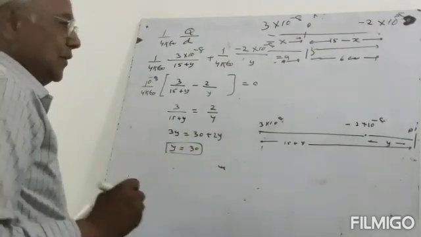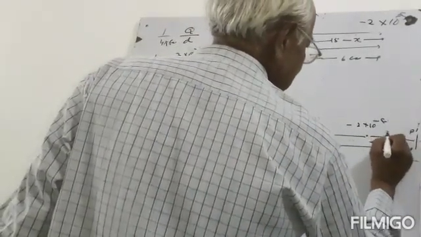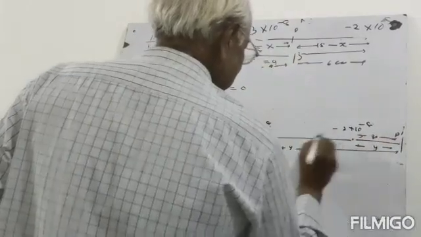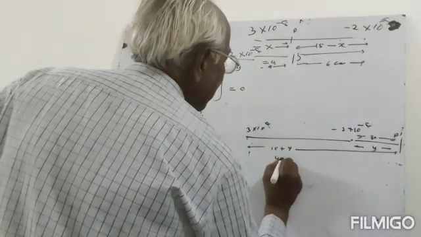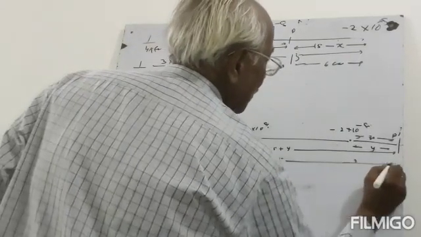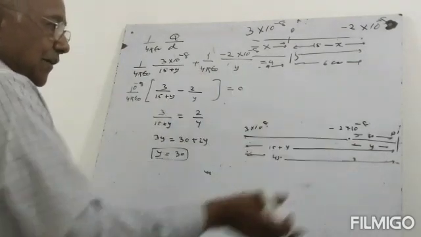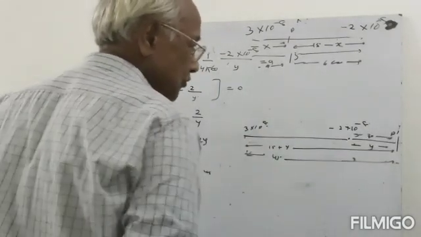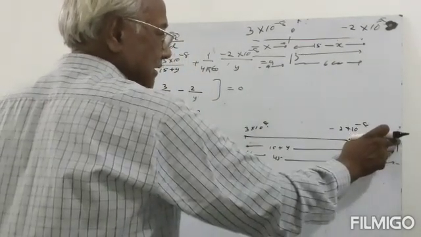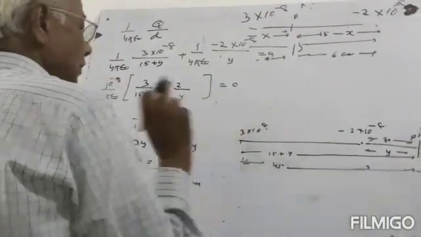So this point will be 30 centimeter from here, and this distance will be equal to 45 centimeter. So the position of P dash where potential is 0, when it is away from the -2 charge, is 30 centimeter from it and 45 centimeter from the plus charge.